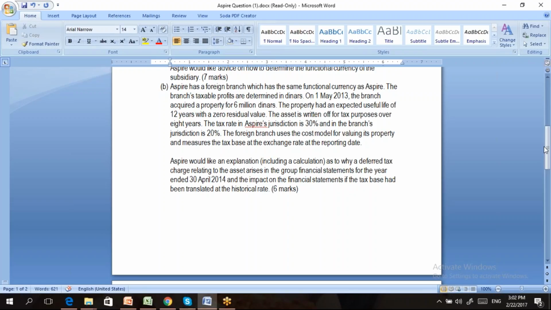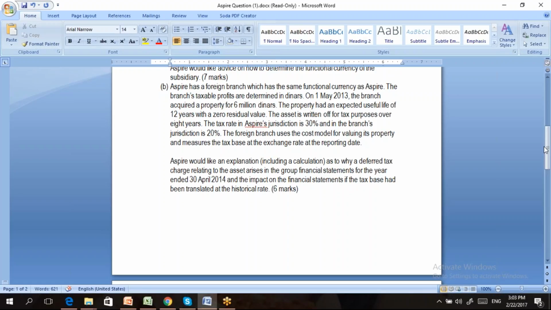So there can be differences arising from the translation of non-monetary assets at historical rates versus the reporting date rate, and there will be a deferred tax arising from that. This resulting deferred tax should be credited or debited to the P&L.